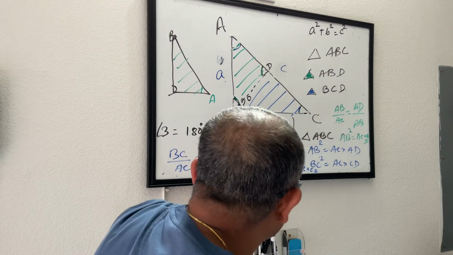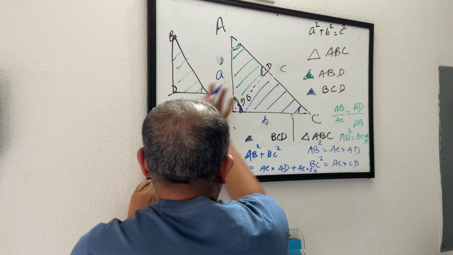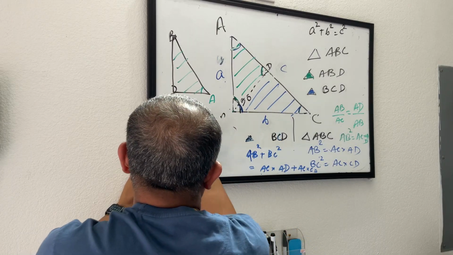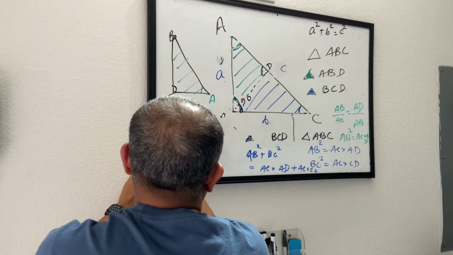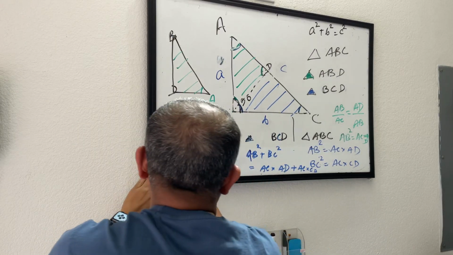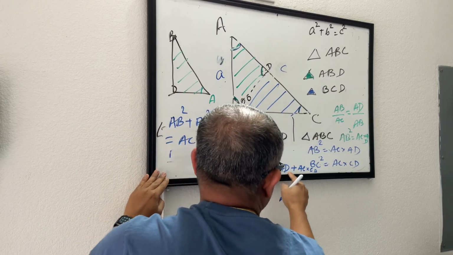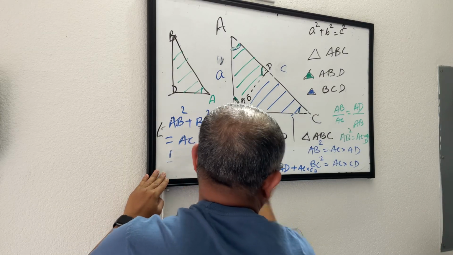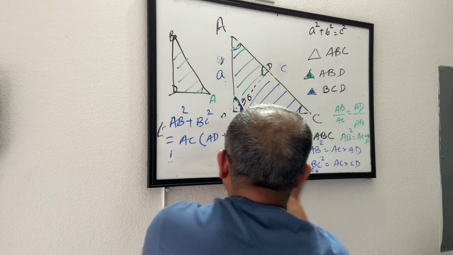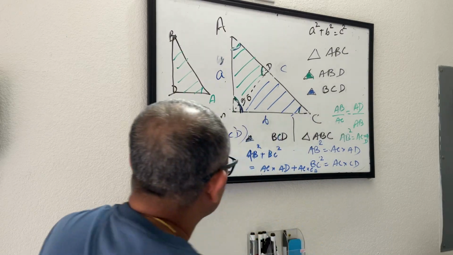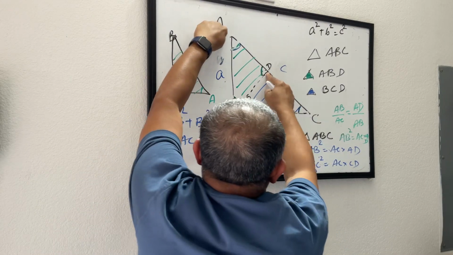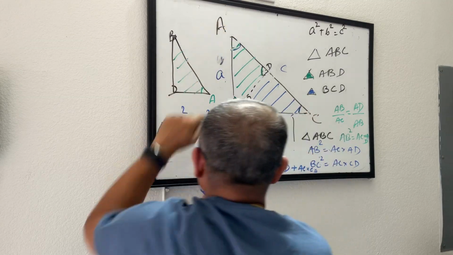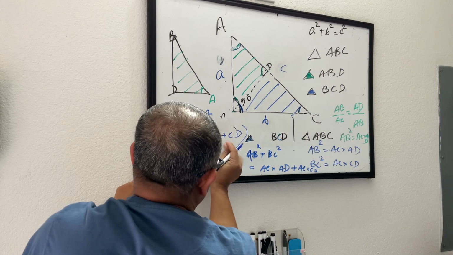Here AC is common, so taking AC common out, we get AC into AD plus CD.